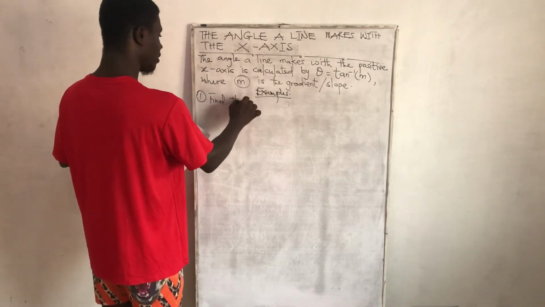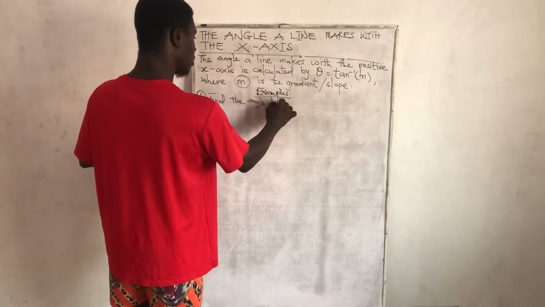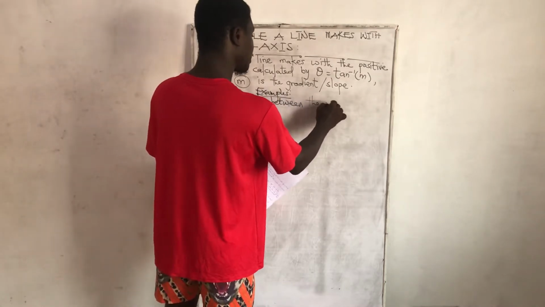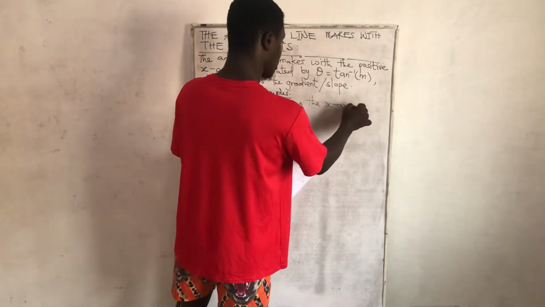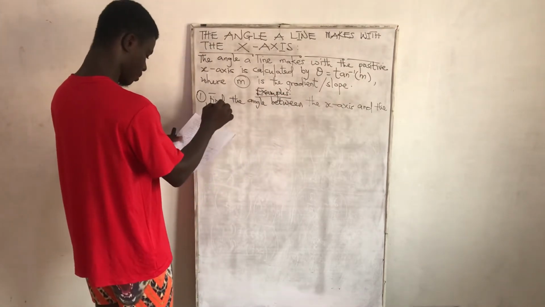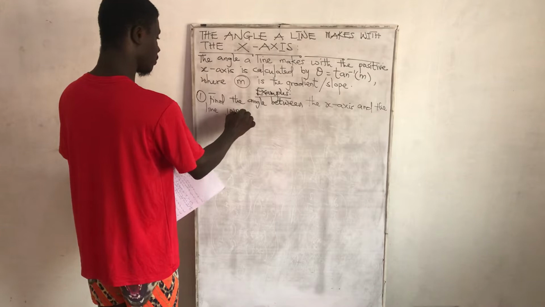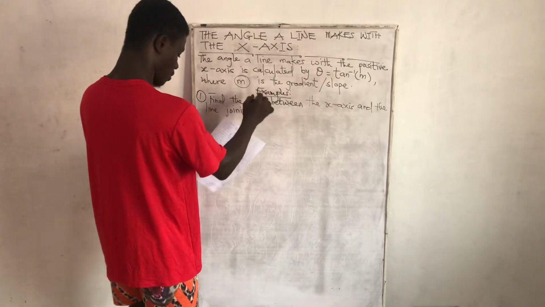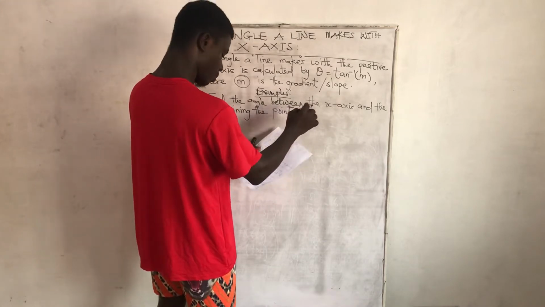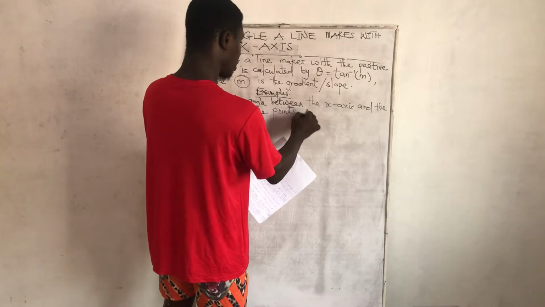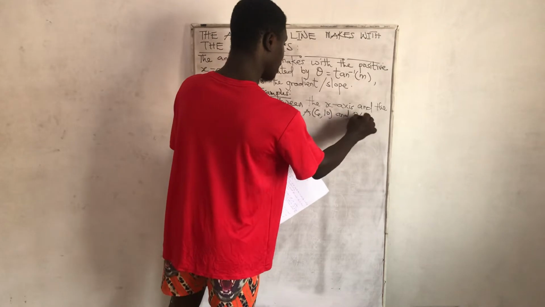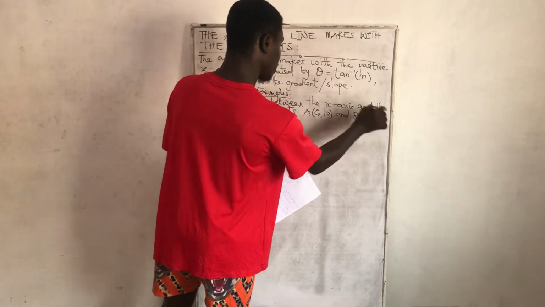Find the angle between the x-axis and the line joining the points A(6, 10) and B(5, 7).